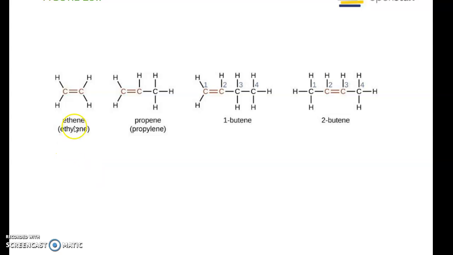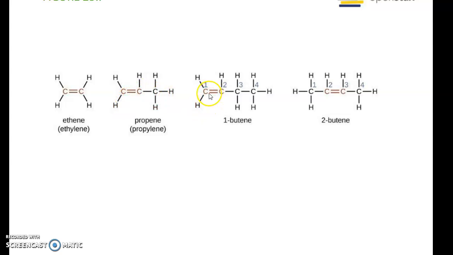So here you have ethene, which is how it would normally be pronounced, but we call it ethylene. This would be propene, or propylene. Now, on this one right here, it doesn't matter whether the double bond is here or here because you're counting from the same thing.